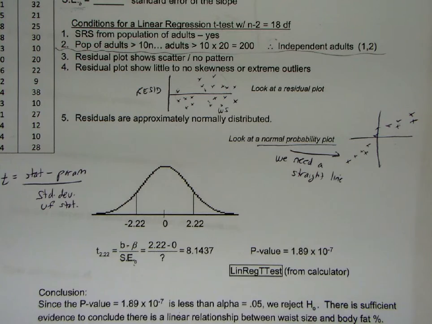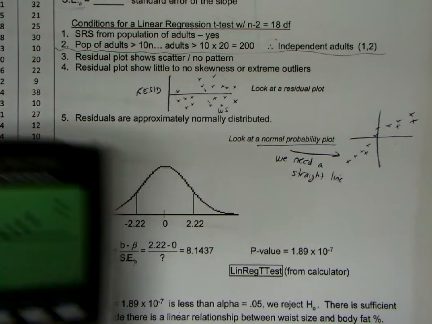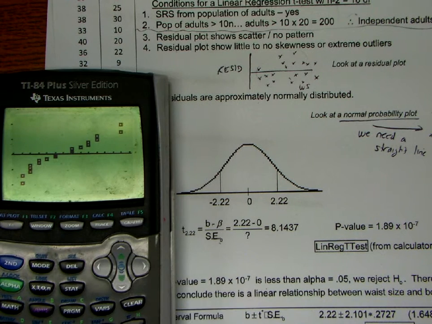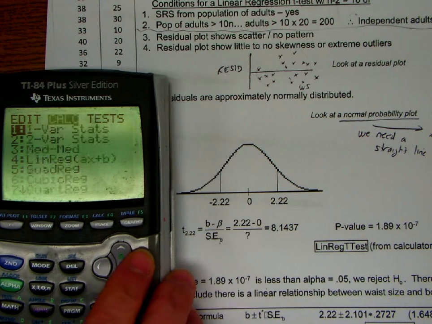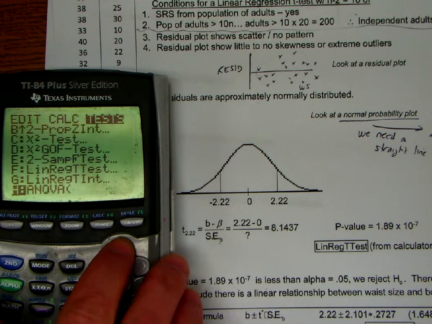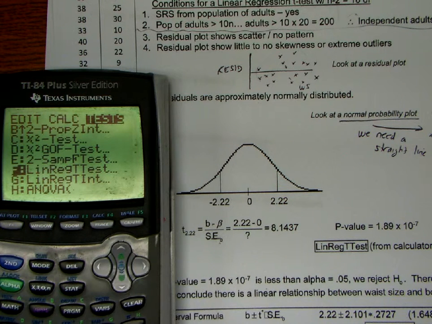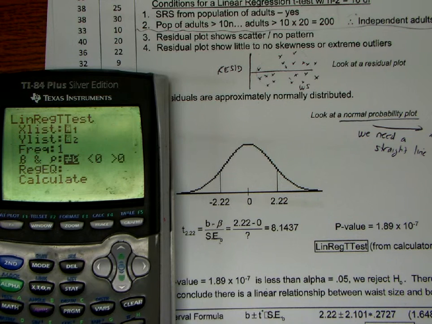So we have to kind of go backwards. I'm going to do the significance test. Stat, Tests, and it's actually letter F, LinRegTTest. Make sure you're doing L1, L2, you're doing not equal to, hit Calculate.